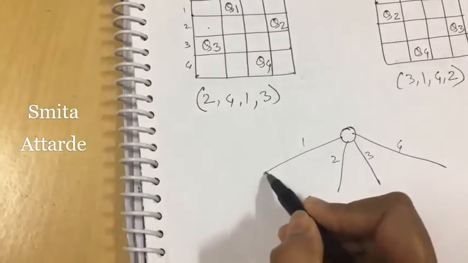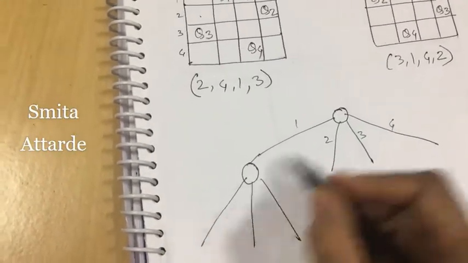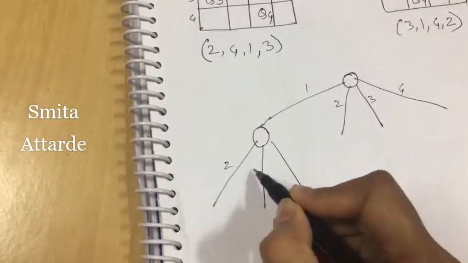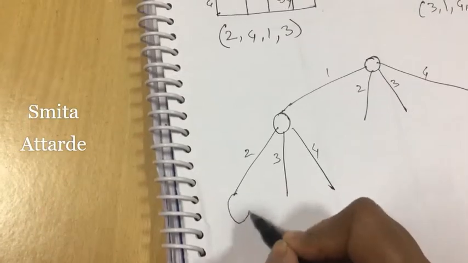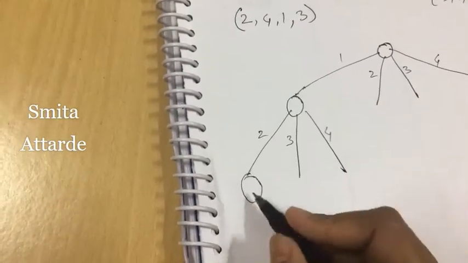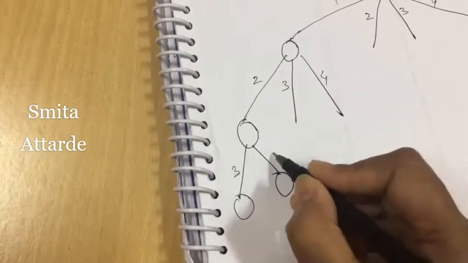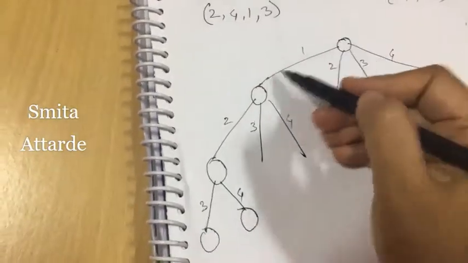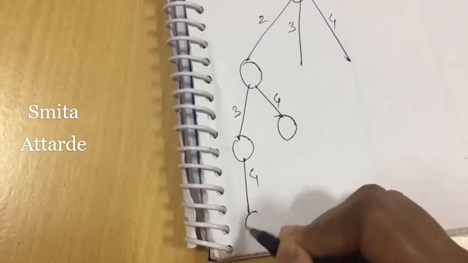Now once I have made choice 1, I have 3 choices remaining. 1 is over, so I have choices 2, 3 and 4. Once 2 choices are done, the remaining choices are 3 and 4. Now the remaining is the 4th choice.